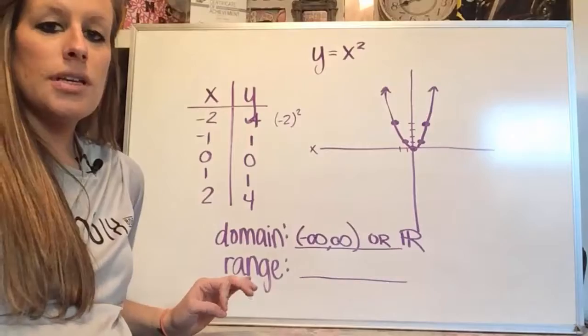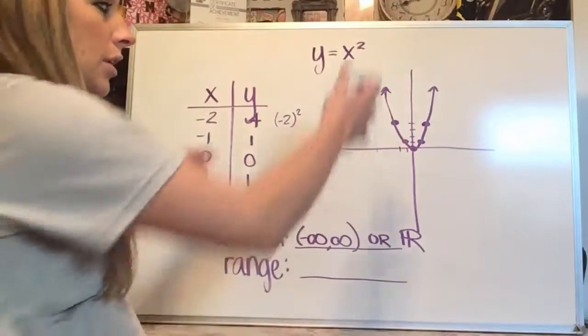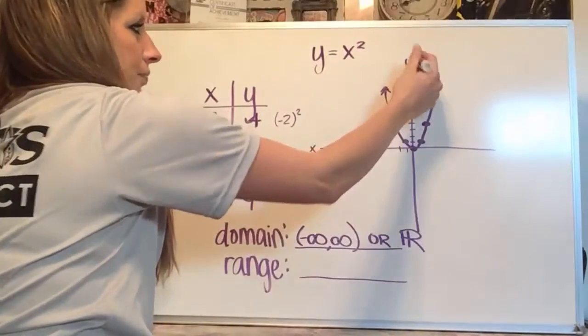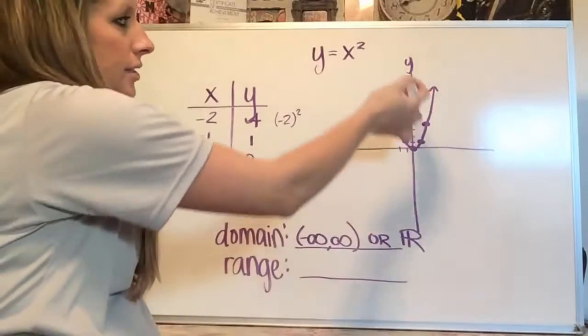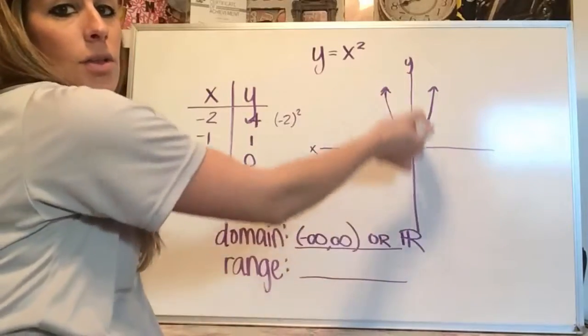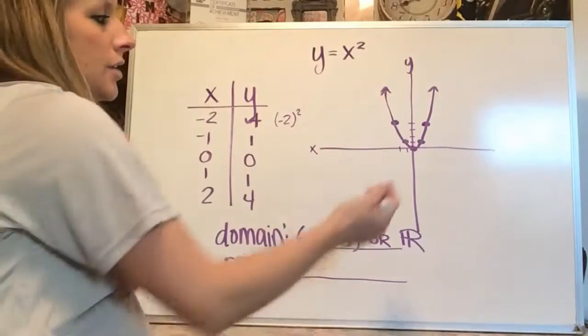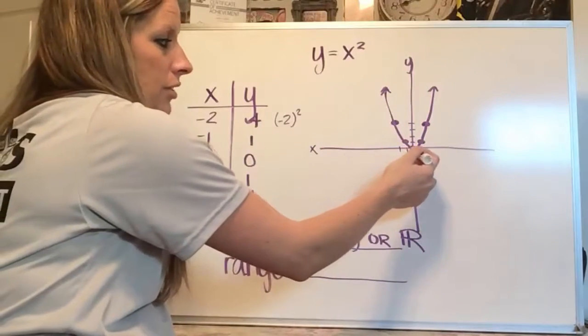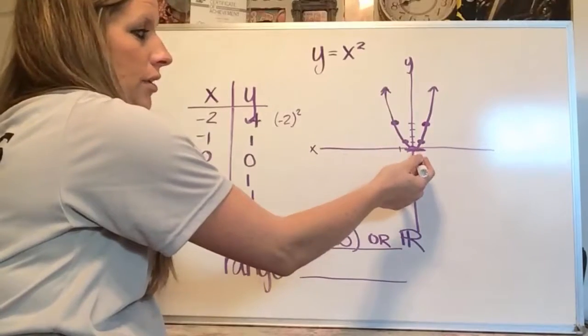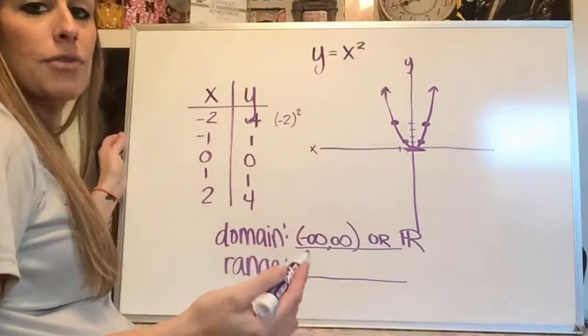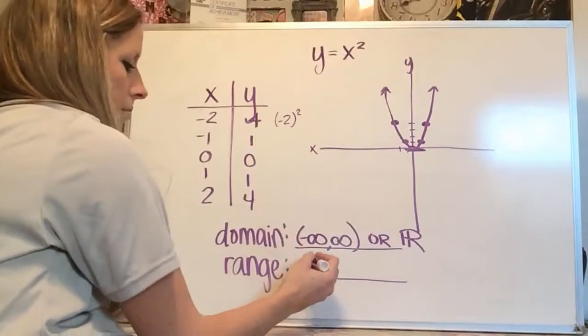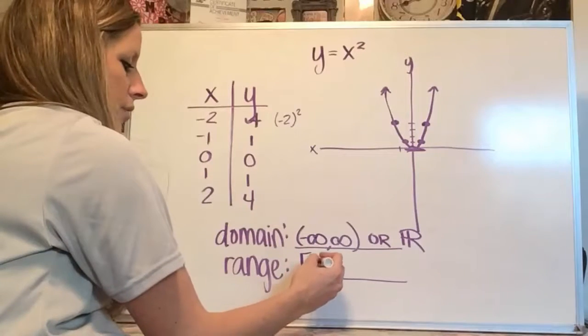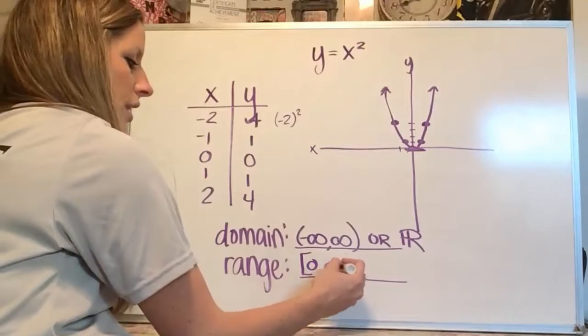Okay, range is all your y values. So you want to look at your y-axis now. Your y-axis goes from the very bottom all the way up to the very top. My lowest point for this parent function would be 0. And then it's going to keep going up forever. So my range goes from 0 to infinity.